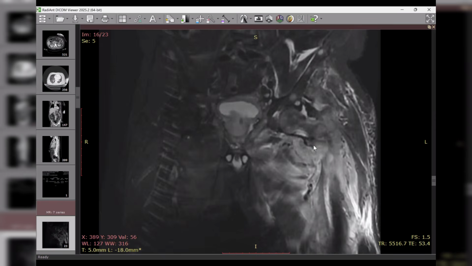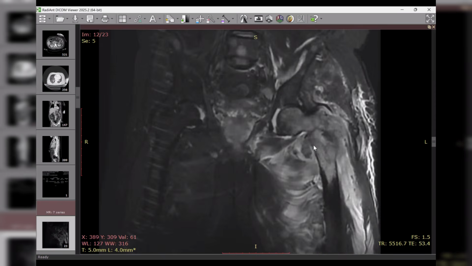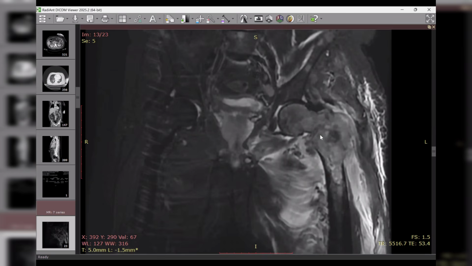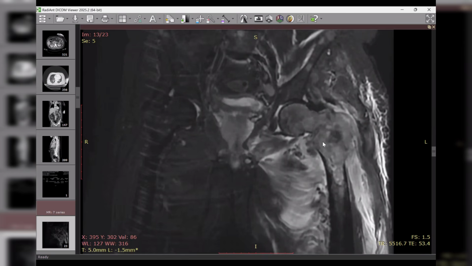It may be a fracture of the left femoral shaft. It may be a fracture of the hip of the femur bone. Right. Why did they specifically request MRI for this case?